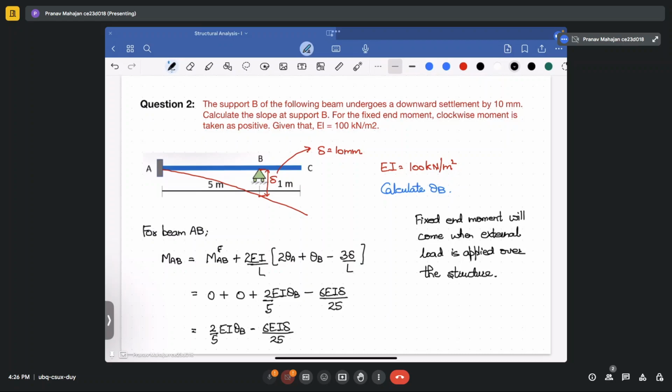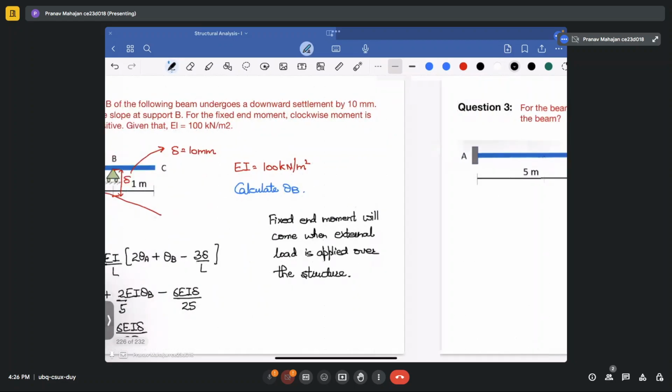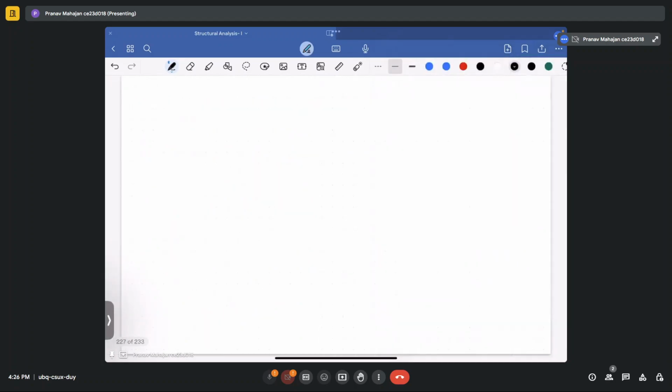Similarly, we will derive the equation for span BA also. So your MBA will be equal to MBA fixed plus 2EI upon L. Now theta B will be twice.